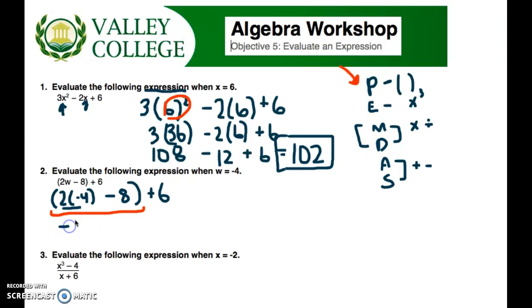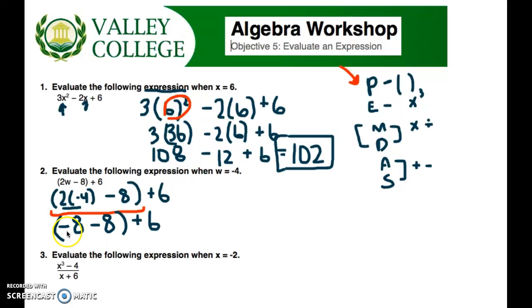So I have a negative 8. 2 times a negative 4 is a negative 8 minus 8, and I'm still inside my parentheses, plus 6. Okay, so again, I'm still going inside my parentheses and I'm working this out.